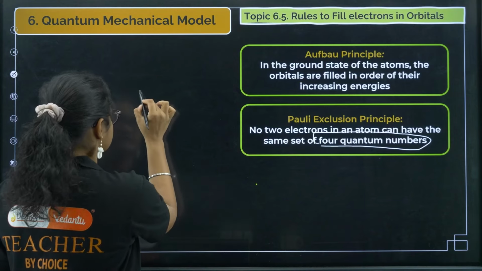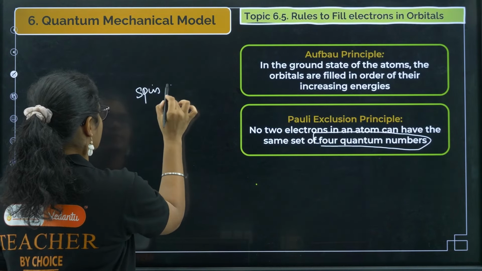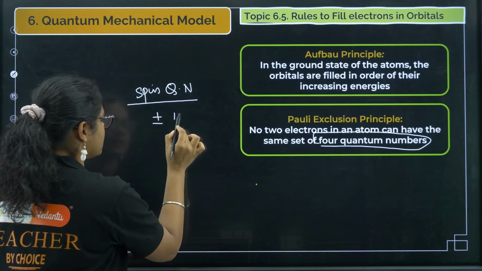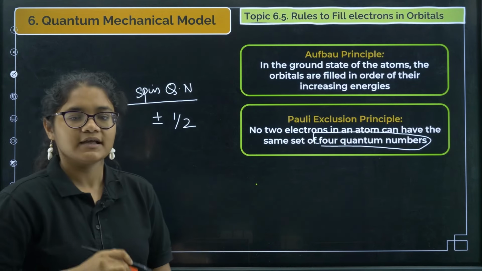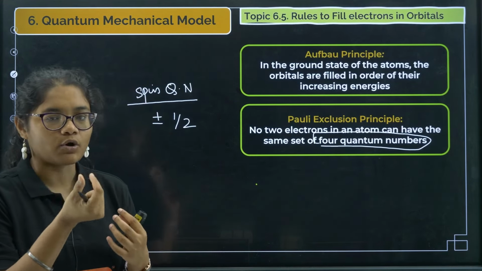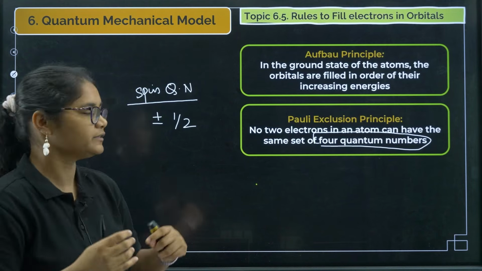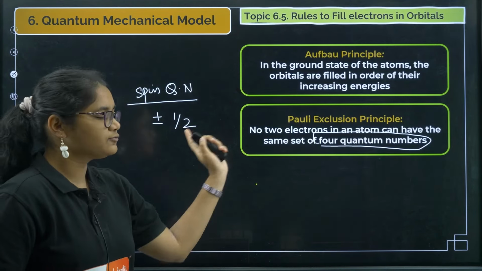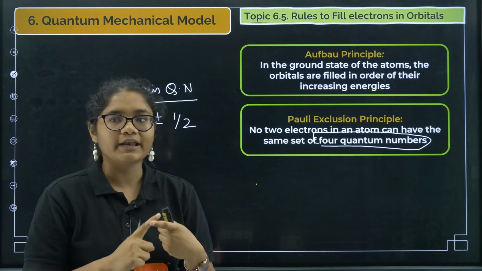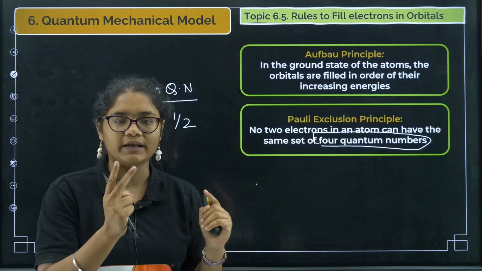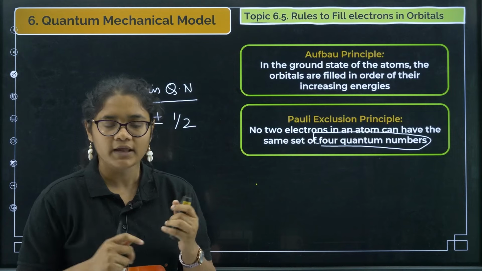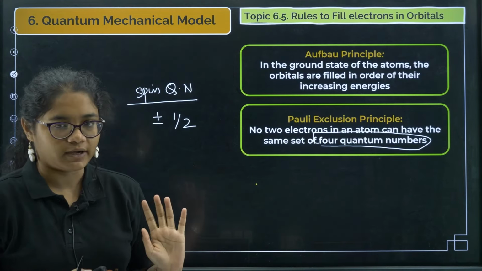The 4th quantum number I'll introduce is the spin quantum number, which has only 2 values, plus or minus half. That means the electron can rotate clockwise or anti-clockwise, and based on that it gets plus or minus half. All 4 quantum numbers of electrons should be unique; no 2 electrons can have the same values of all 4 quantum numbers. At least one should be different.